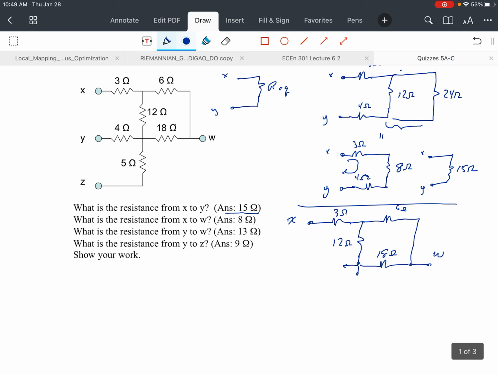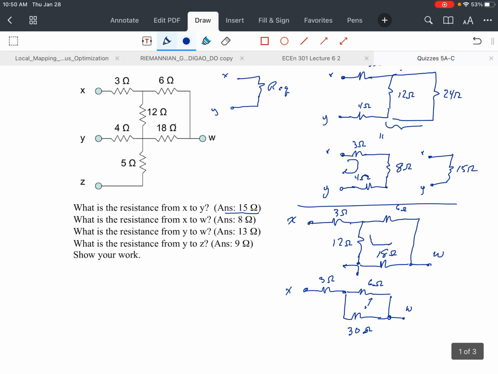Okay, so with respect to X and W, these two are now in series. From X, this is equivalent to a 3 ohm resistor, and then we would have a 6 ohm resistor, and in this case 18 plus 12, so a 30 ohm resistor, and then W comes out like that.